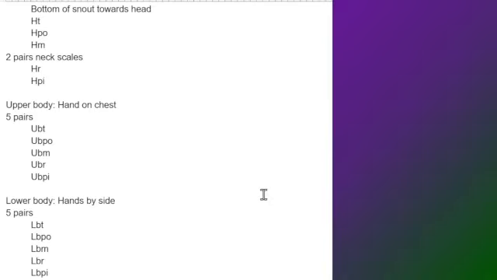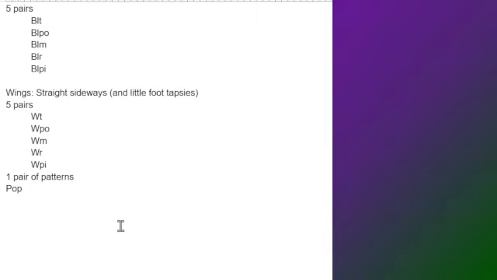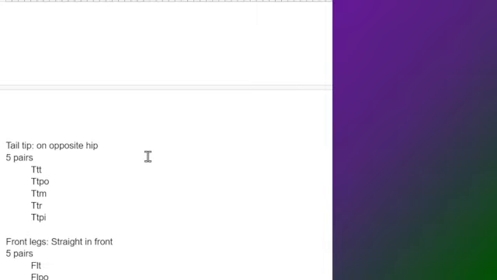Pulling out my notebook, and going to use letters that don't really show up.